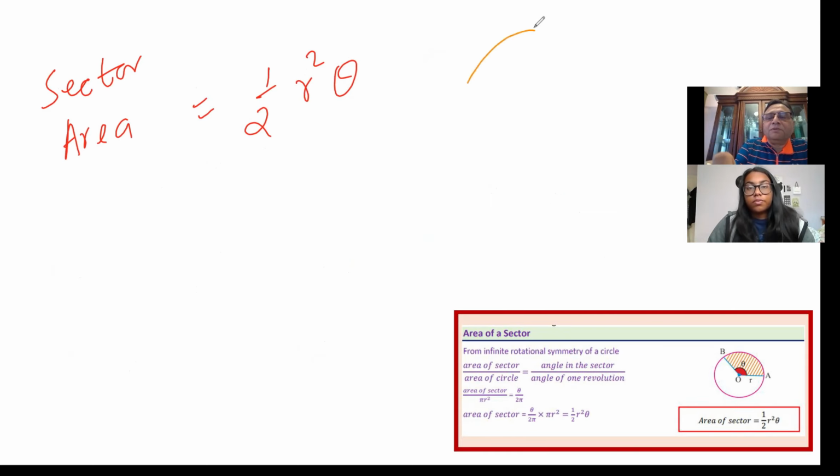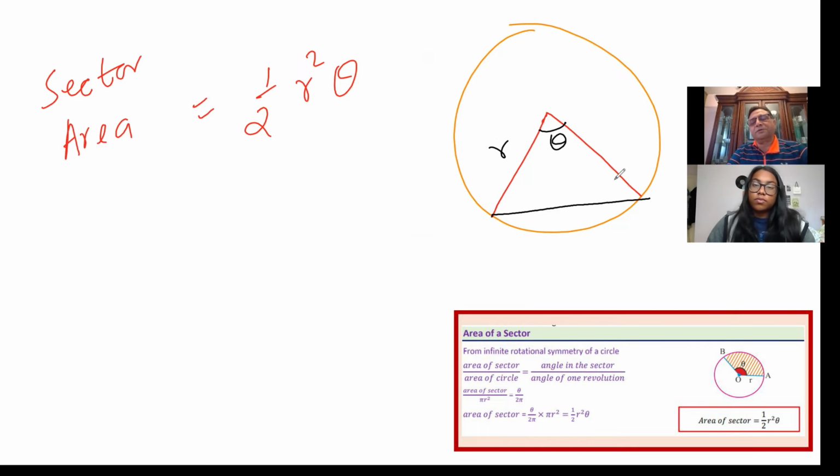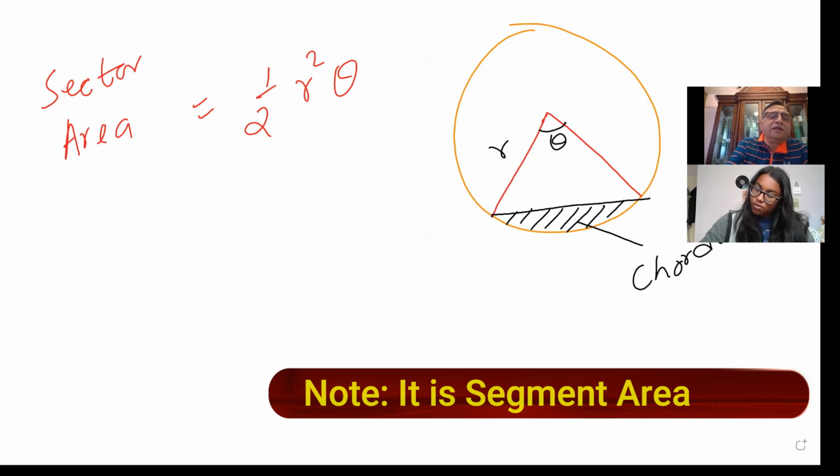Okay. Let me make another circle. I love making circles. Let's make this. What we have here is the radius, and this angle is theta. Now the question here is, how do you find the area of the chord?